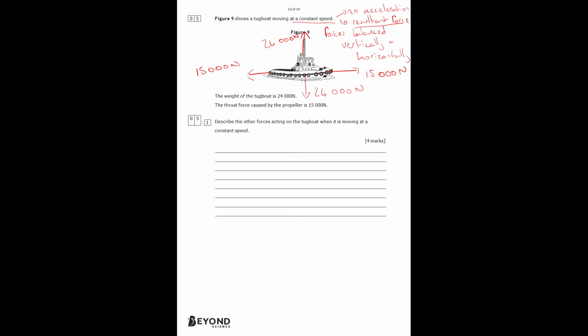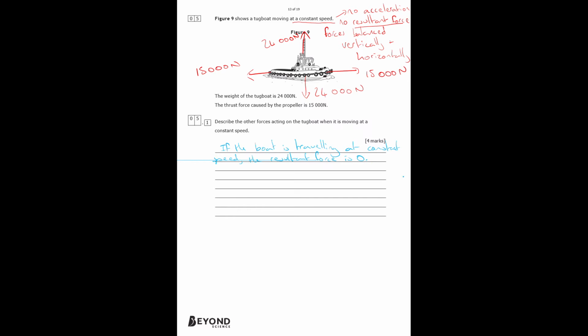Anyway, let's tackle this question. Describe the other forces acting on the tugboat when it is moving at a constant speed. So, firstly, let's do the resistive forces acting backwards. If the boat is travelling at constant speed, the resultant force is 0.